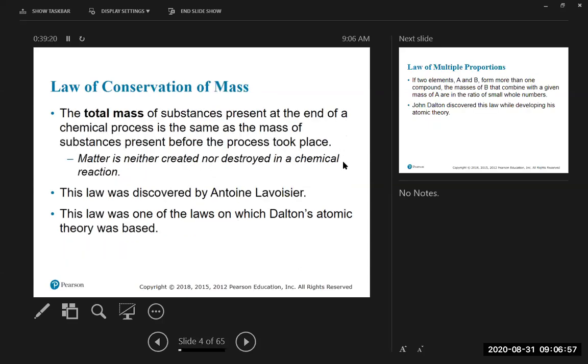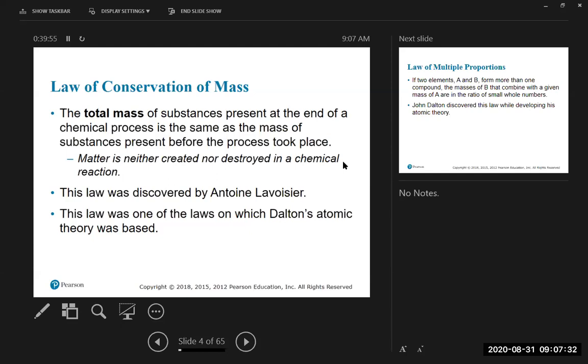The law of conservation of mass tells us that when you have a chemical reaction, the total mass stays the same. So in other words, you don't create mass, you don't lose mass. Now the material changes, but say you burn something, okay? You have the material that you started burning, and that material goes away. It becomes ashes, or it volatilizes or whatever.